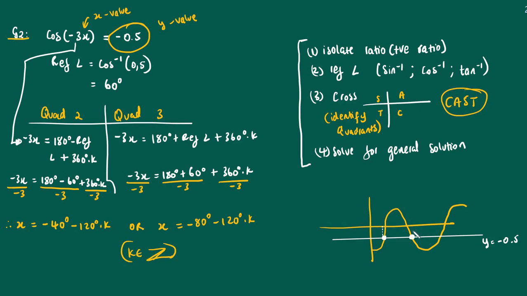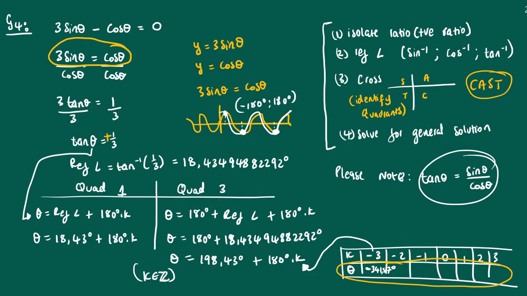This formula will be for getting these x values, whereby the y value is going to be negative 0,5. So it does not only mean that it's where two graphs are intersecting, but also where a line intersects with the graph. That's why I'm saying when you're doing trig functions, it gets much more understandable.